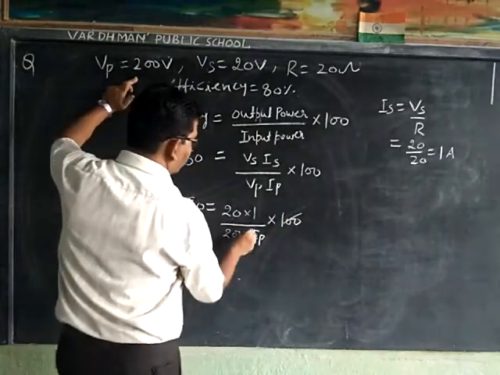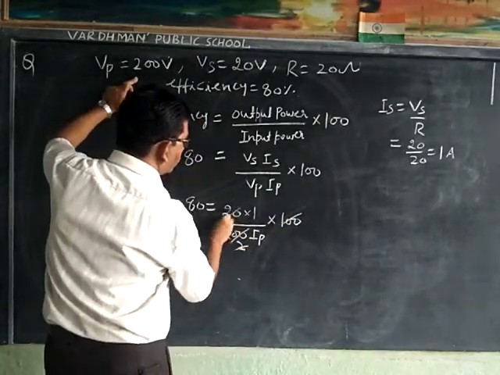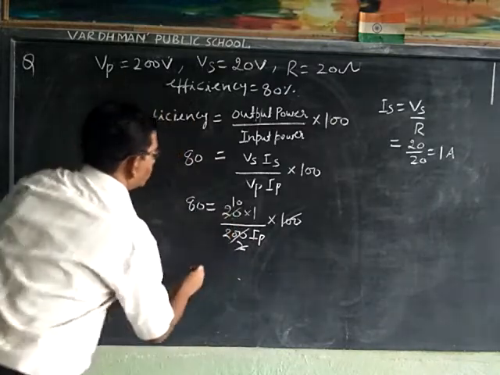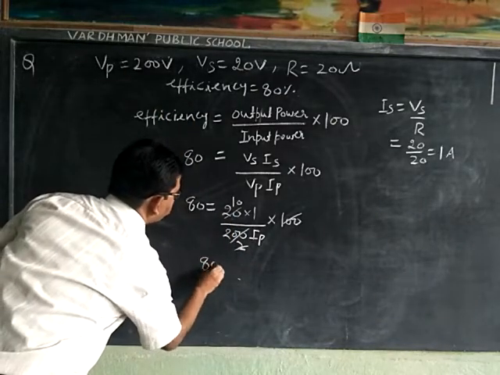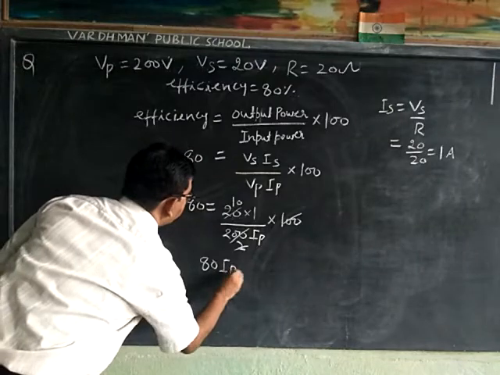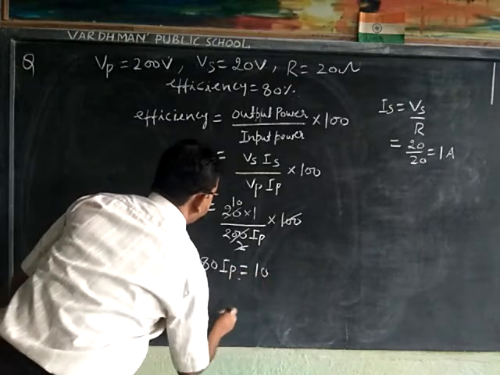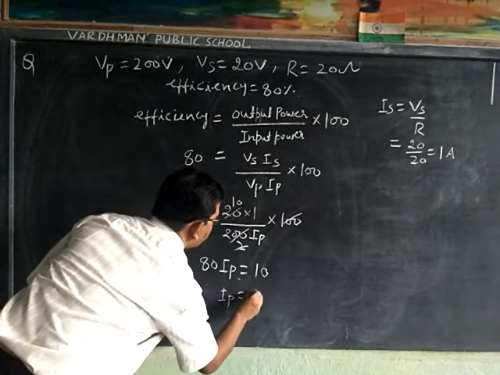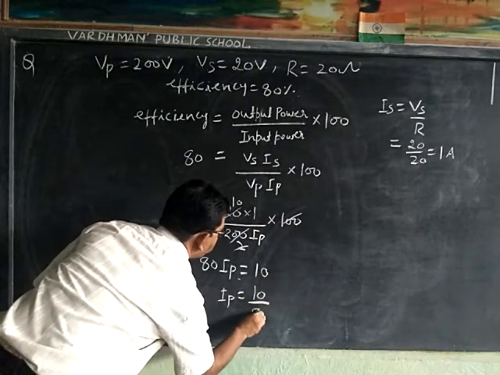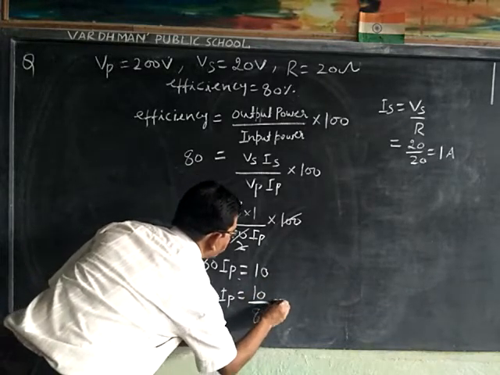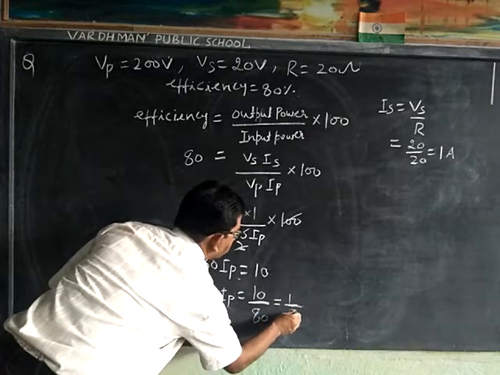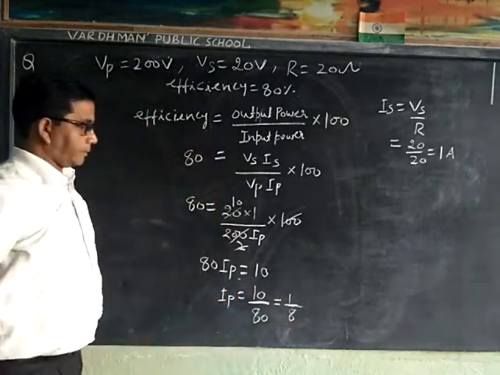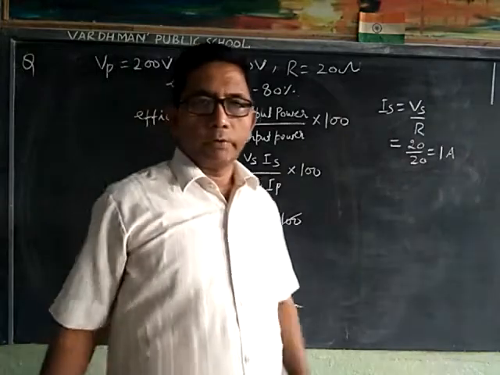So Ip is equal to 10 upon 80, that is 1 upon 8 ampere. You can solve this. Thank you.